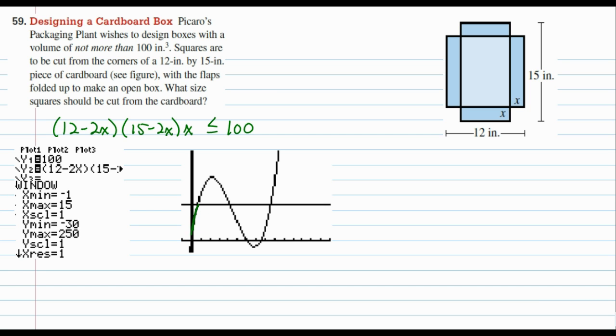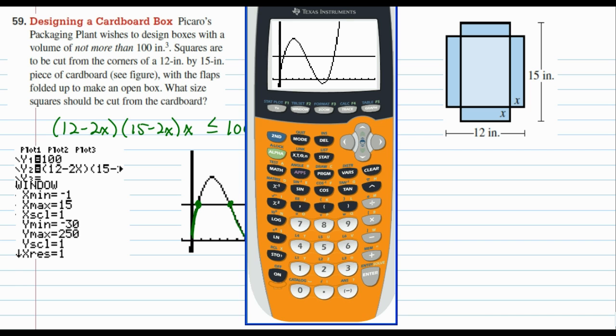So that's going to be between 0 and whatever that intersection point is. And then from that intersection point to here, I don't want a negative volume. I do not want to create a black hole. Well, anyway, I'm going to find these intersections.